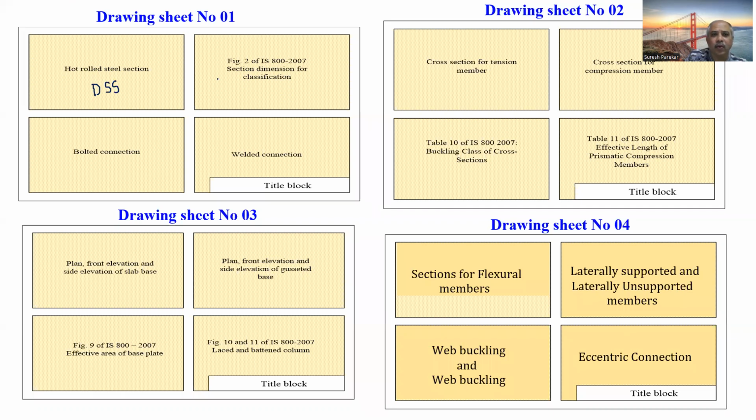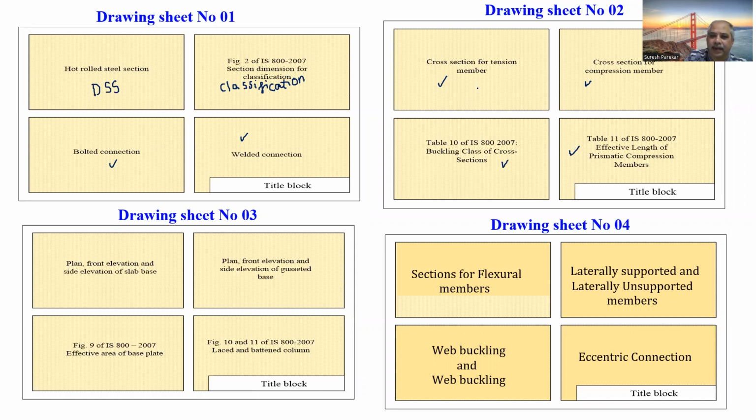Then you have to classify this section so that you come to know what values you have to consider for area. Then you have connections. After this connection we have tension member and compression member. For compression member we require buckling class and effective length.